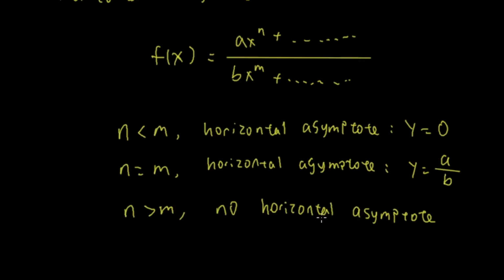Now, example number 1. Let's say f of x is equal to 1 over x squared minus 5. Now, let's use the rule here.